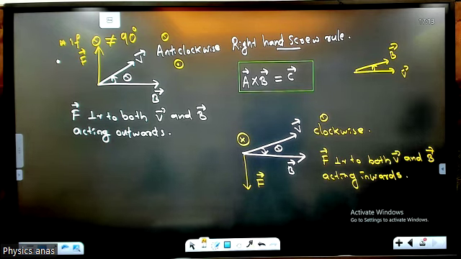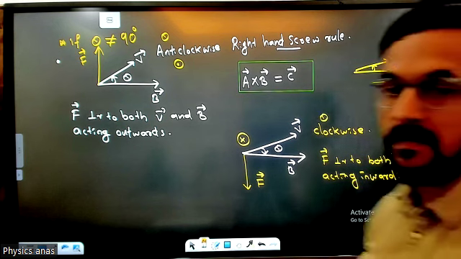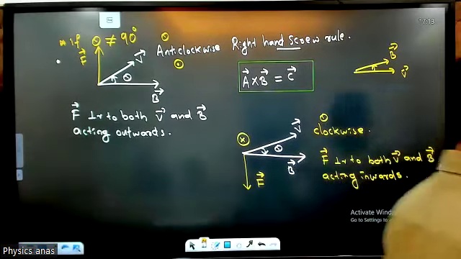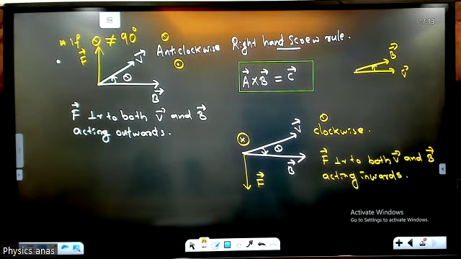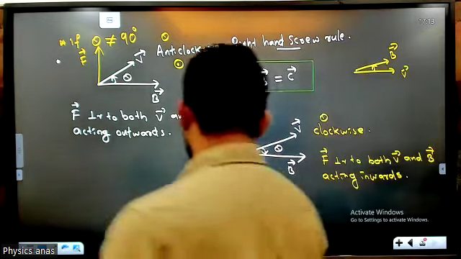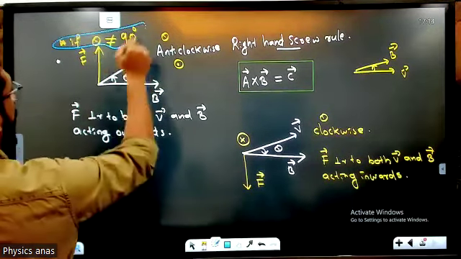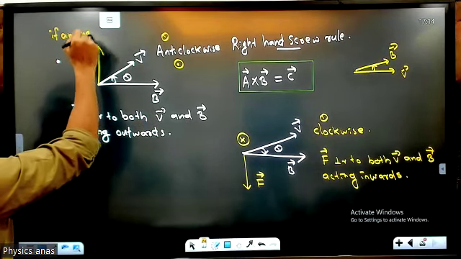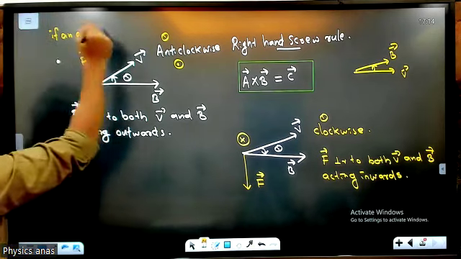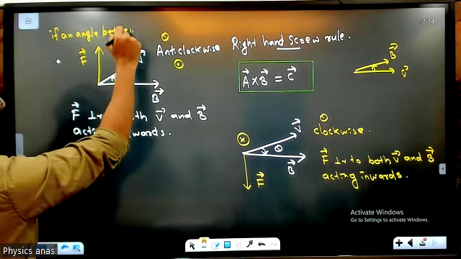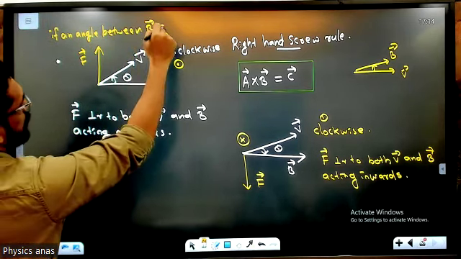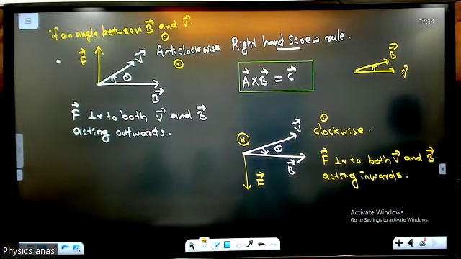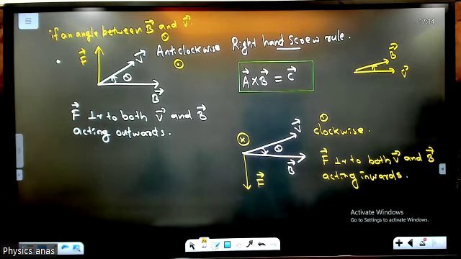If there is an angle between B and V, in the first case, you can draw that.